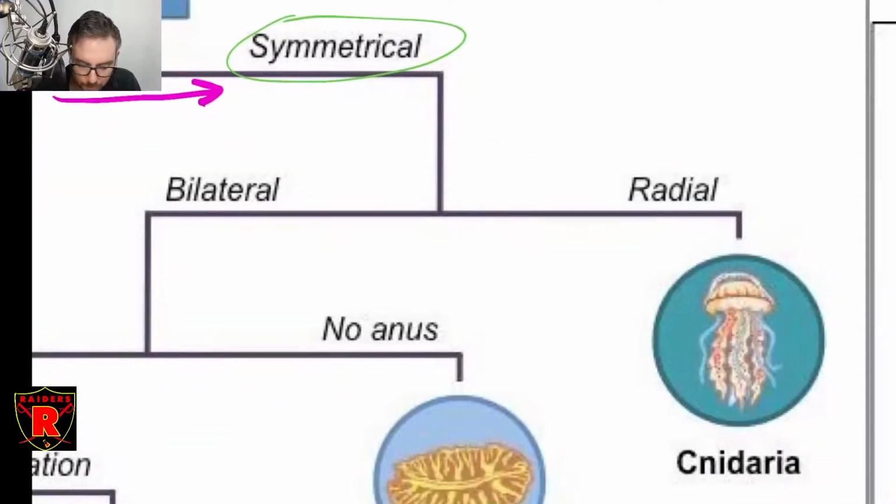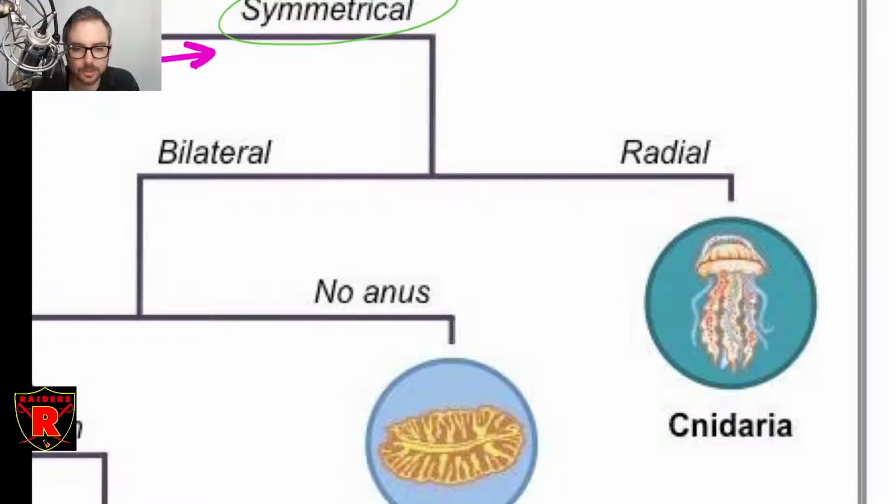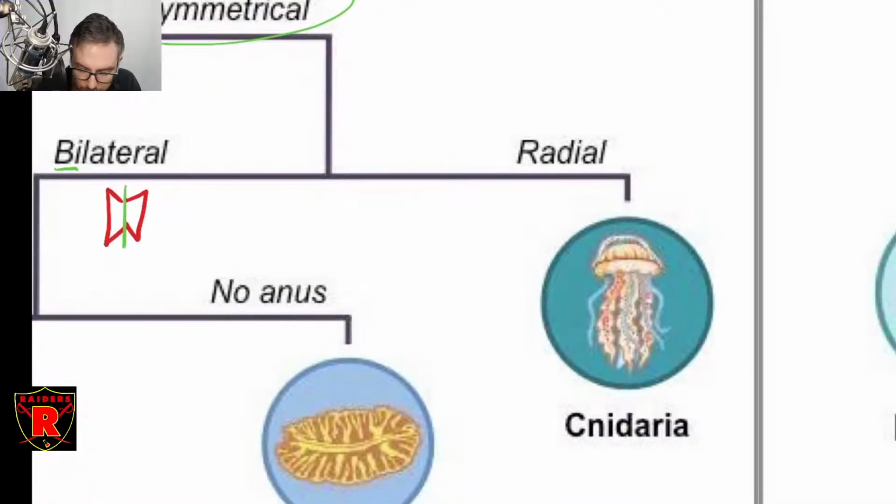Okay? And then you have to ask yourself a second question. Is the symmetry bilateral or is it radial? So bilateral symmetry is when you see something like this, where there is two sides. That's what bi means, two. So two sides that are symmetrical to each other. Or is it radial symmetry? And radial symmetry means that there are sections that come out from a center, and each section is symmetrical to the other sections.